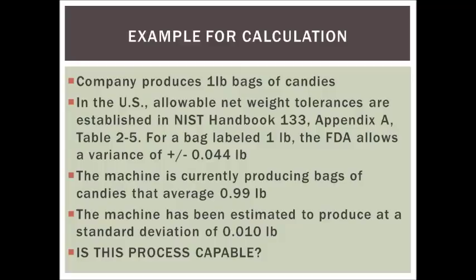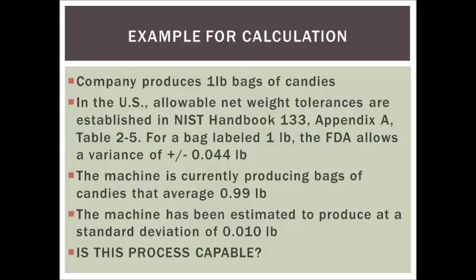Now, we're also going to assume that this machine has been estimated to produce at a standard deviation of 0.010 pounds, so 0.01 pounds standard deviation. And of course, that number would have come from calculations that the company did, or it could come from the control charts.